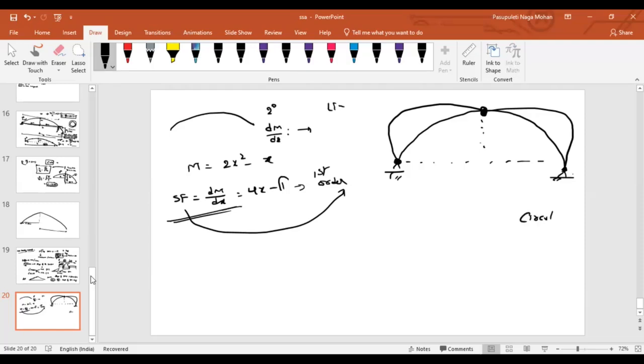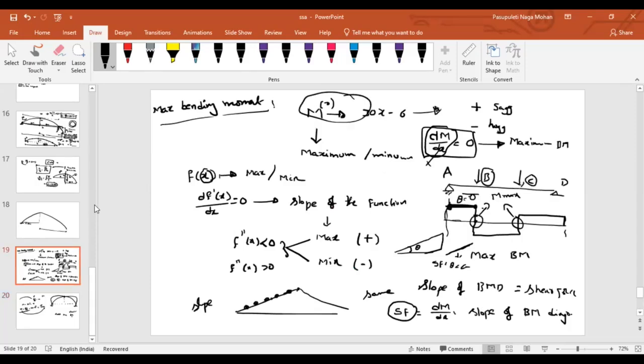Let us say it is a circular arch. Now, if I ask you at what point I have the maximum bending moment, how can you say it? For this question, the basic logic is the same. Whenever you want to find the maximum value, the first thing is to take the differentiation equal to 0.